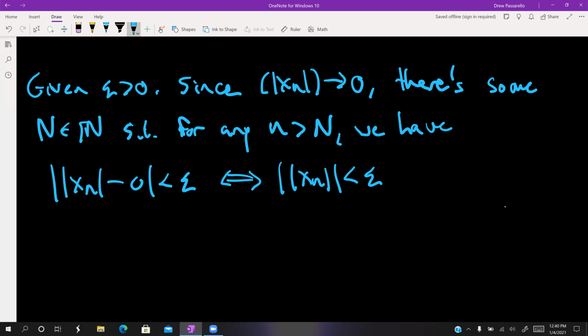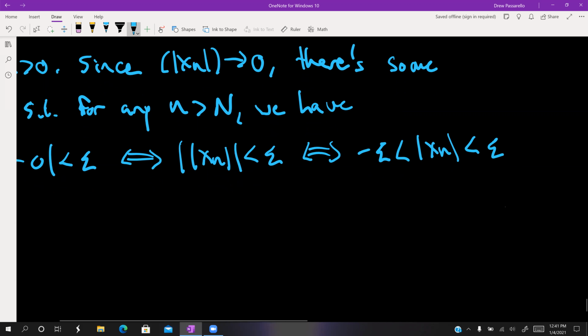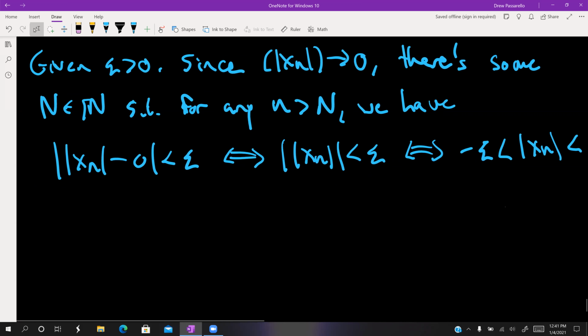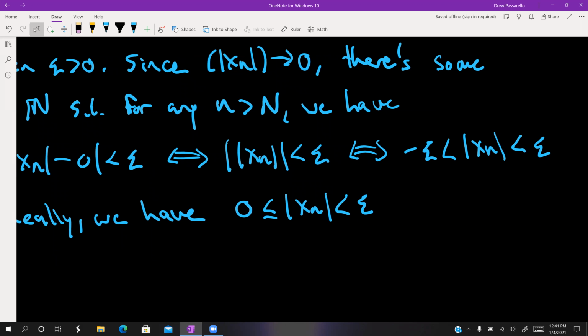By our definition of absolute value with inequality, this is if and only if negative epsilon is less than xn, which is less than epsilon. But the absolute value of xn is positive, it could be positive or 0. So really, we have 0 is less than or equal to the absolute value of xn, which is less than epsilon.